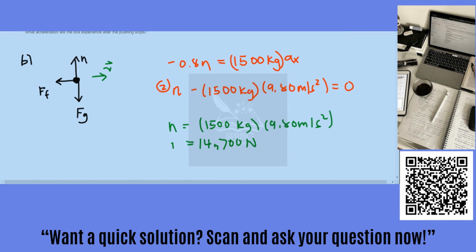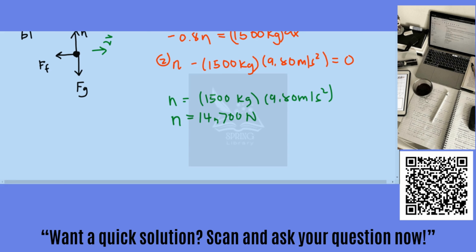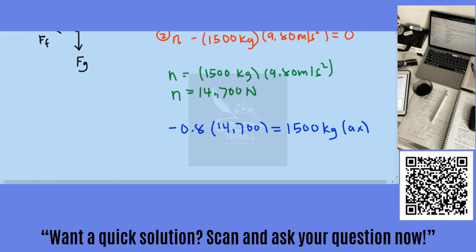So that's our normal force, and then we can take that and sub it into equation number 1. Anywhere we see n in equation number 1, we will put in 14,700. And that's going to be equal to 1,500 kilograms times a_x, which is what we're trying to find.